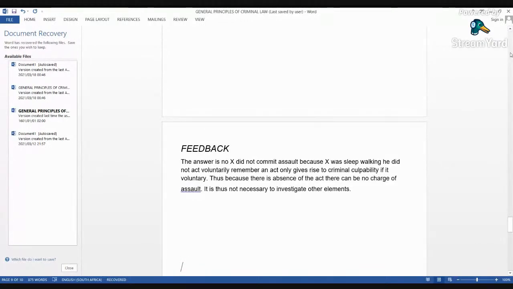Just know, as we have been discussing, that as soon as one thing falls away, that's where it stops. Let's say, hypothetically, X did act voluntarily, and yes, the definitional elements are met, he assaulted, and yes, there are no grounds of justification.